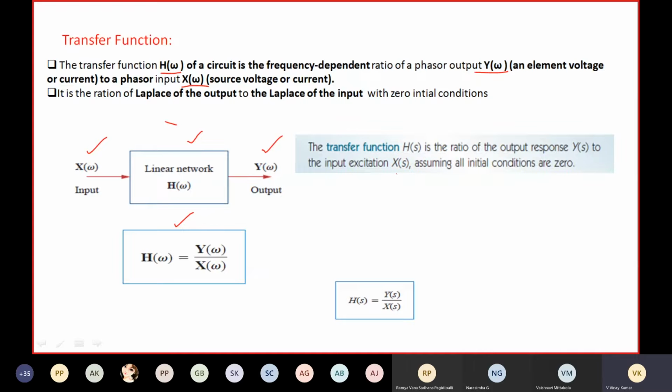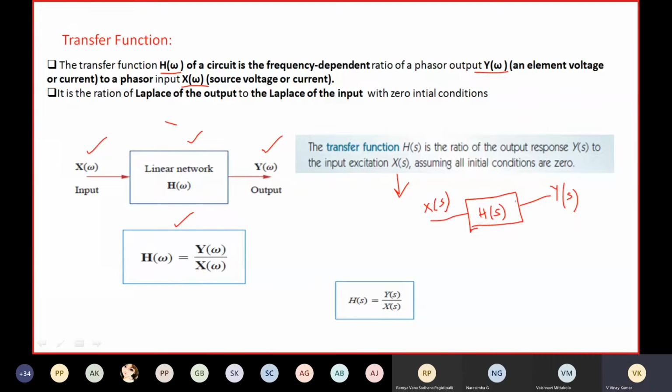In the S domain, the transfer function is defined like this: the network function can be written as h of s. Inside, you have the system components; this is the system transfer function. Here x of s is the input given to the system, and y of s is the output from the system.